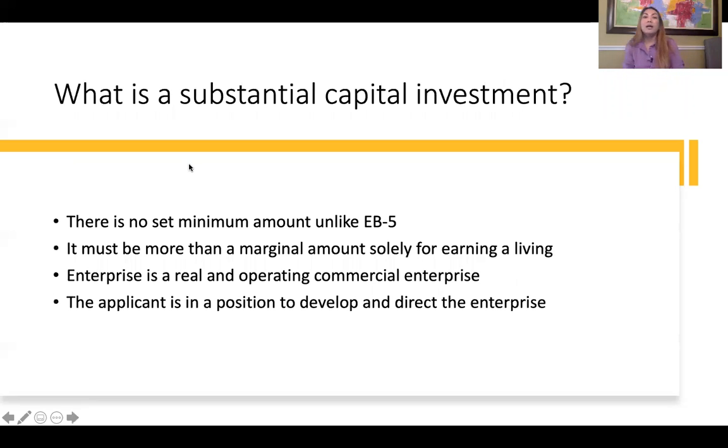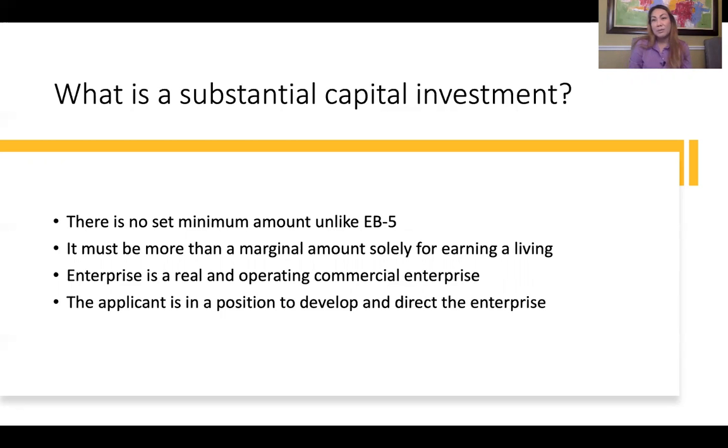I'm always asked about what is a substantial capital investment. Is there a minimum amount required? The question I'm always asked is, attorney, is $50,000 enough? Or is $100,000 enough? Actually, there's no set minimum amount required for the investment, unlike in EB-5.